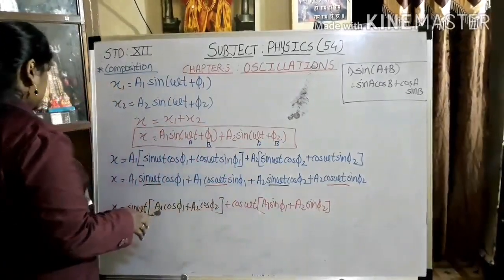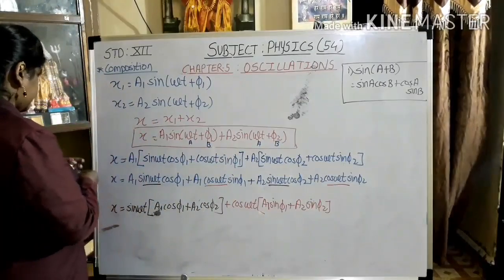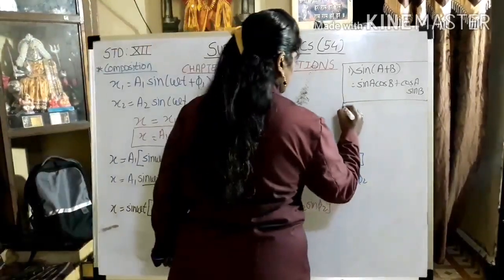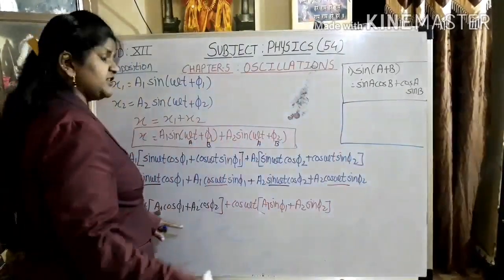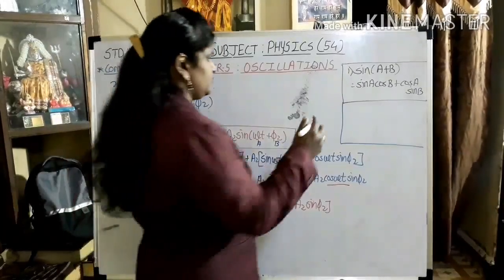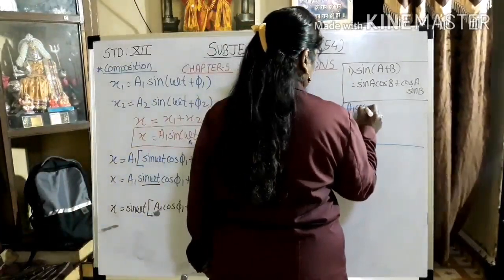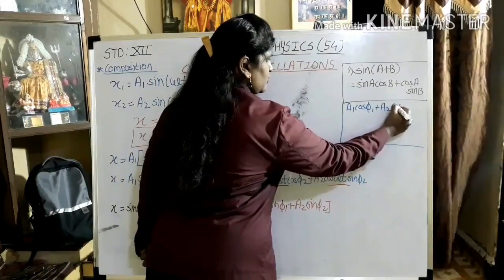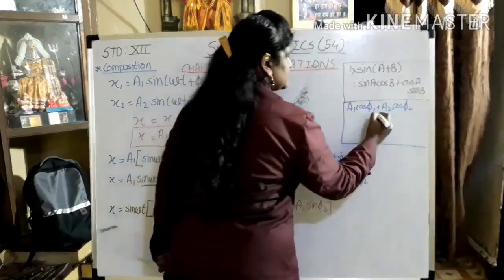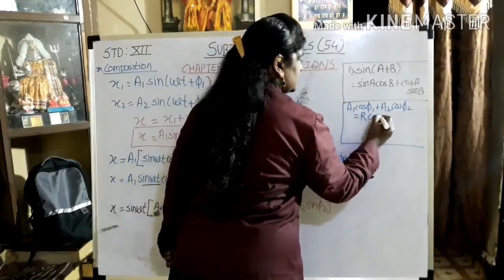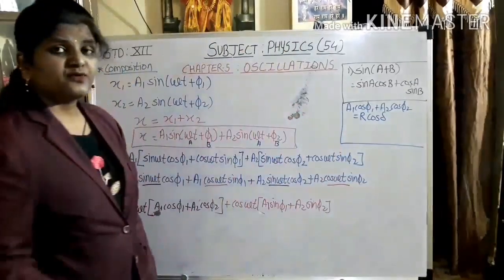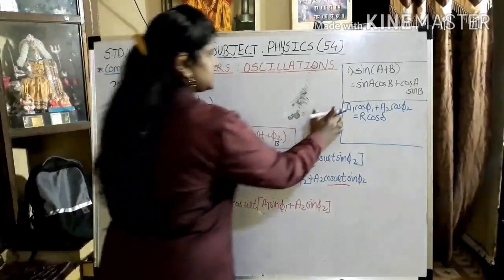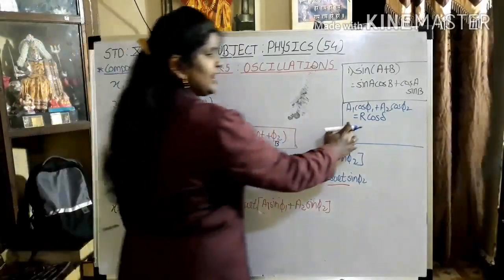We are going to consider both of them as some constant term for right now. Okay. So I will write over here. The first term, which is having cos phi 1 and cos phi 2, which is a1 cos phi 1 plus a2 cos phi 2, I am going to consider this whole term as r cos delta.